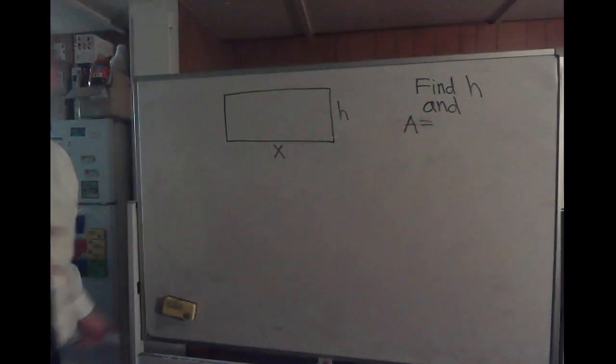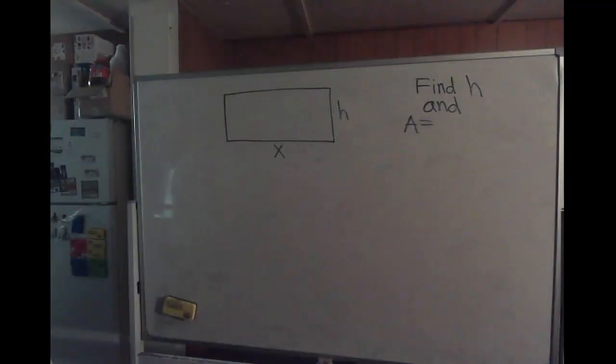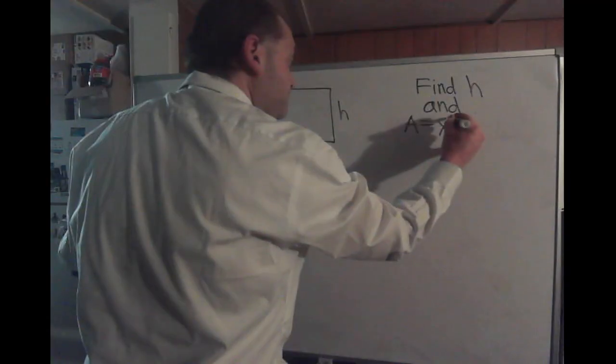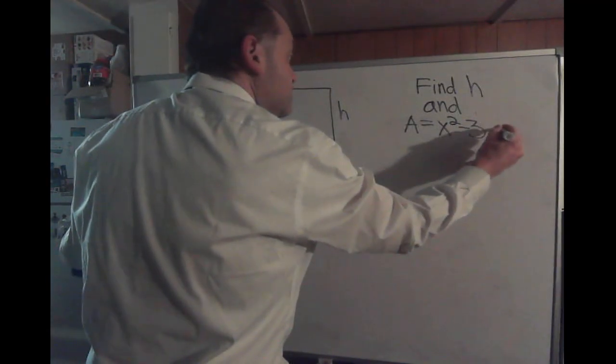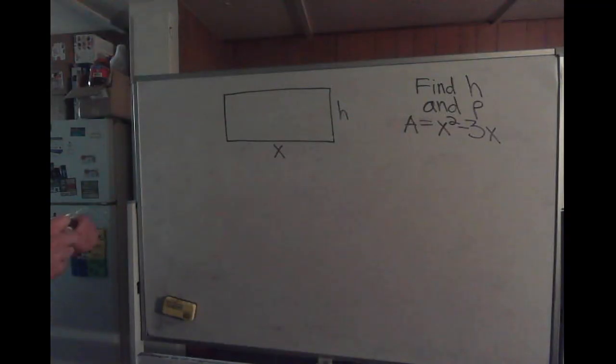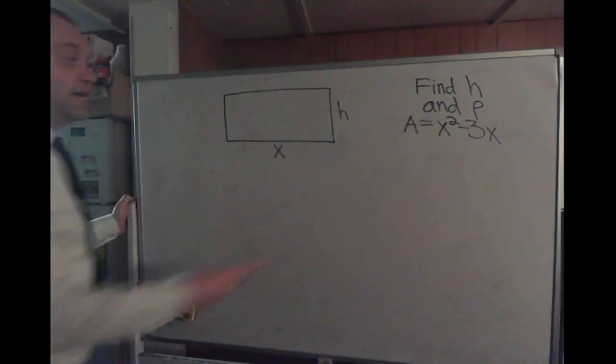The area is going to be equal to x squared minus 3x. So then we also need to find the perimeter. We need to find the height and the perimeter. Well, before we can find the perimeter, we certainly need to find the height. In this case, the only thing they give us is the area.